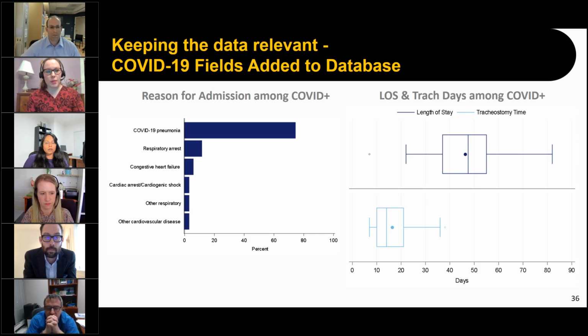The semi-annual reports that we distributed last fall actually included a supplementary report for these COVID positive admissions. And although there were only a handful of sites who had entered any COVID admissions by that time, these are important data fields that will allow us to learn more about trach care in the context of the pandemic. And we've started to look at utilization and COVID manifestations for the patients requiring trachs.